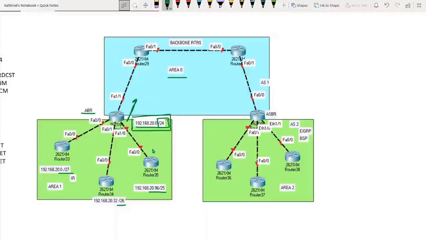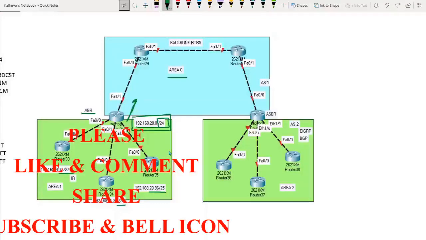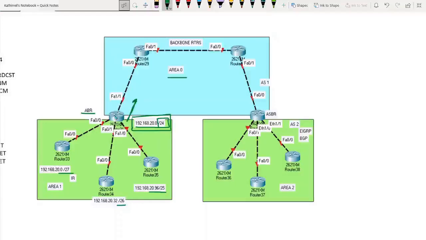By doing this, the network convergence time is reduced, which is one of the benefits of OSPF. So routers that have some interfaces in other areas and connect to area 0 through one interface are called area border routers.